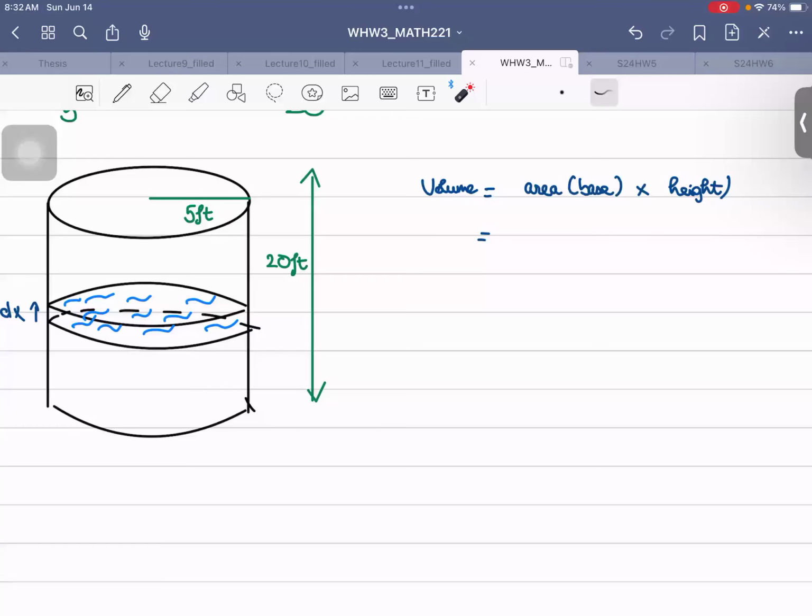We are working with the cylindrical tank, so the base is just a circle, and this circle has radius 5. So I have 5 squared times pi. The height of this layer is just the thickness of my discretization, dx. So I have 25 pi dx.